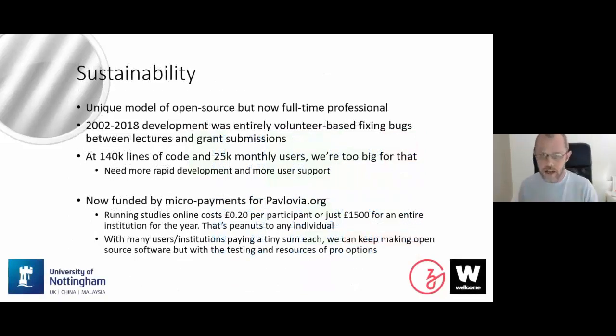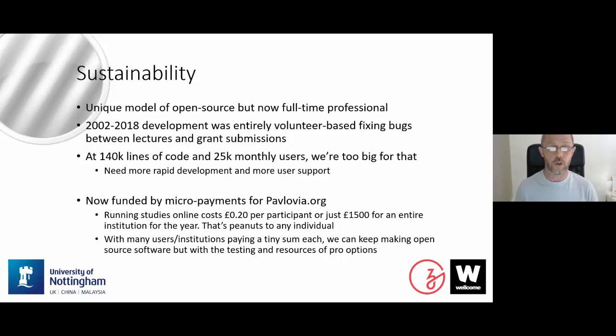Now, the other thing where we're slightly different is that PsychoPy is open source. It's been open source since 2002, but we're now funded, and we're now using micropayments via pavlovia.org. So this website, if you run studies online, you pay for credits, or you get your institution to buy a site license, and that's now funding the further development of PsychoPy, PsychoJS, and other packages like JS Psych.